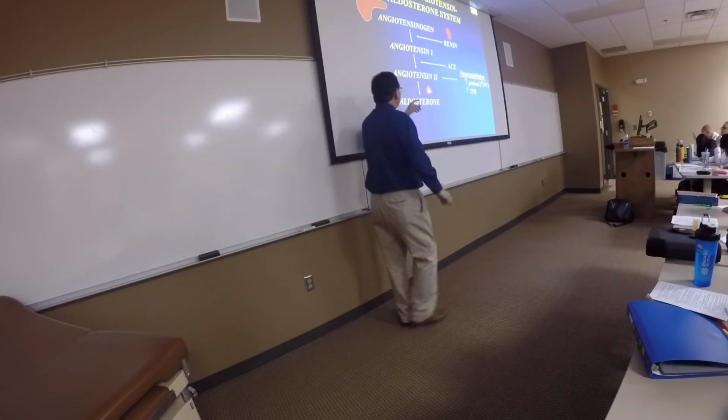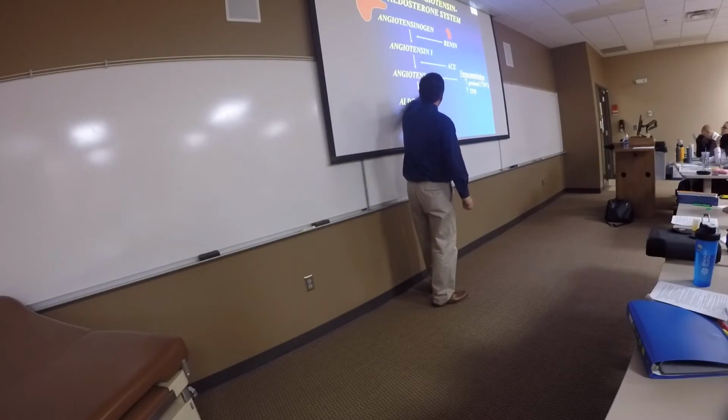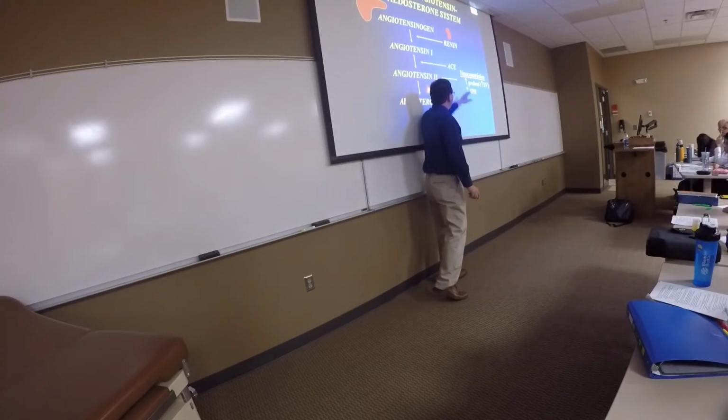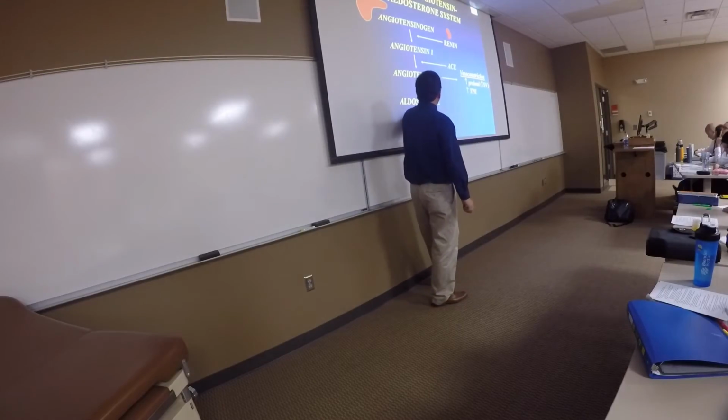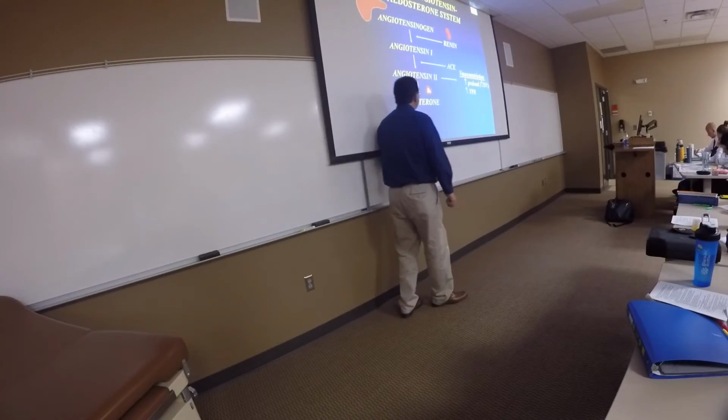Angiotensin II will also bind its receptors. There are angiotensin II receptors on the vasculature, and there are angiotensin II receptors in your adrenal cortex. When angiotensin II binds that, you have the release of aldosterone.